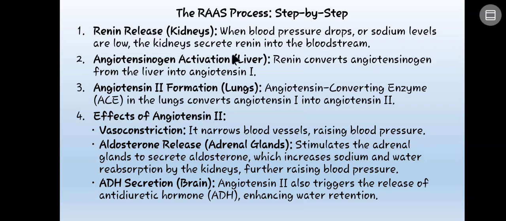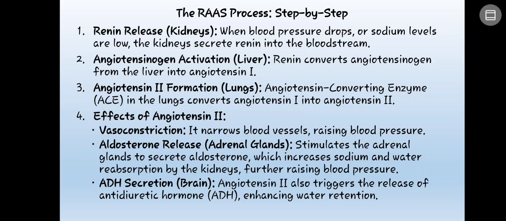That is two. And then the last one is sodium concentration detection in the distal convoluted tubules. The moment your blood pressure reduces, filtration will reduce at the glomerulus. Once filtration reduces, the amount of fluid reaching the distal tubules will reduce.